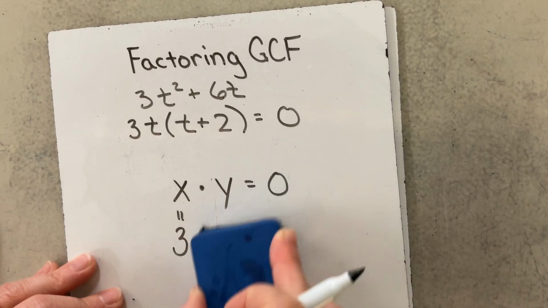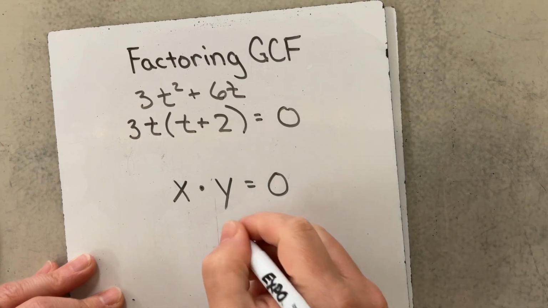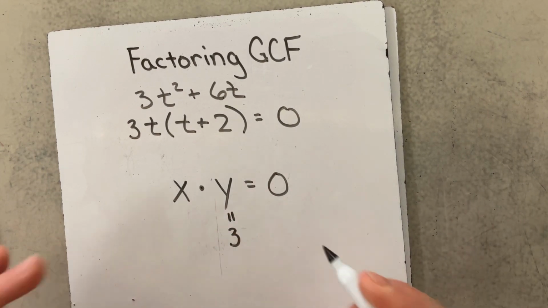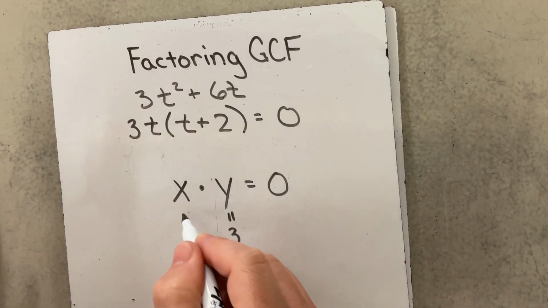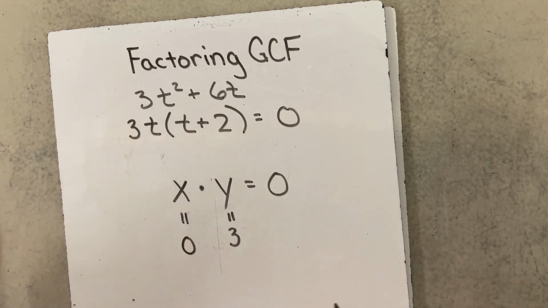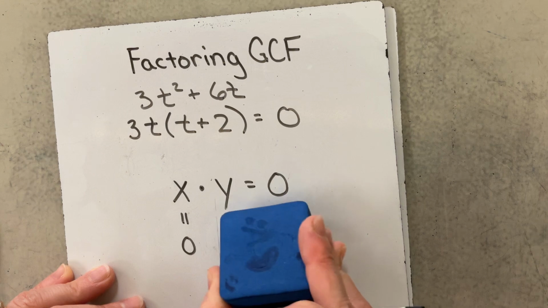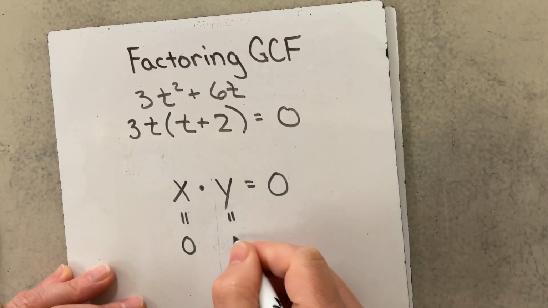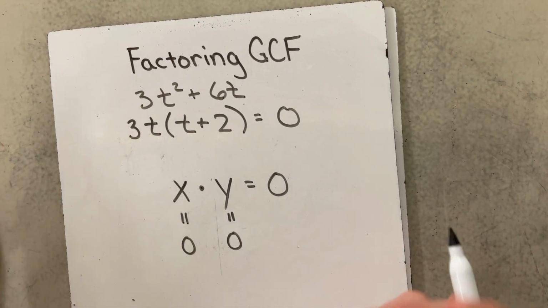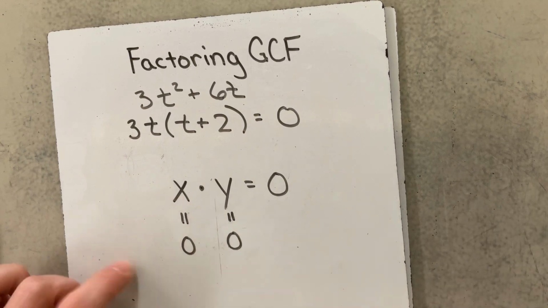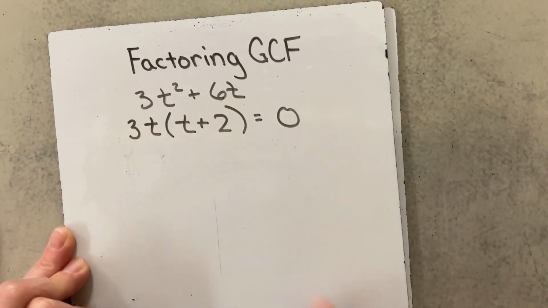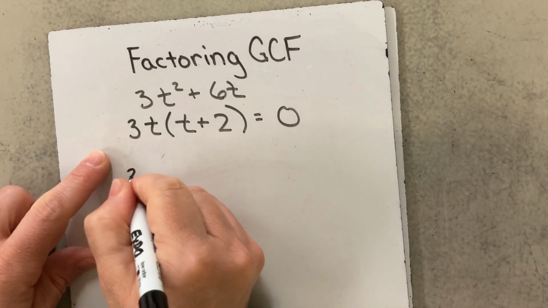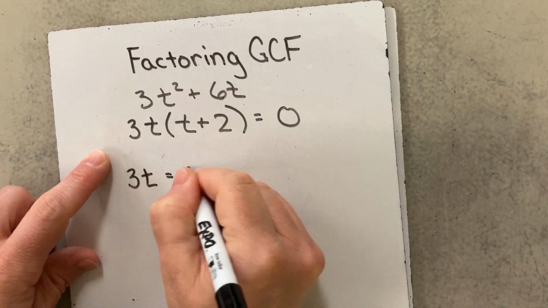Now, what if my y was equal 3? What would my x have to be? Right, it would have to be 0. Okay. The other option is, could they both be 0? What is 0 times 0? It is 0. So this is your zero product property, saying that we can set the pieces equal to 0.